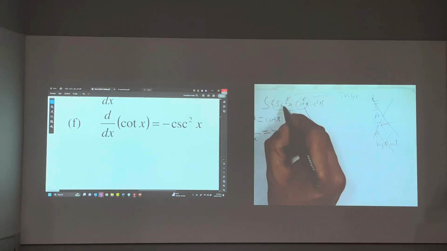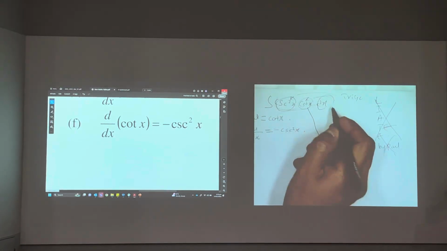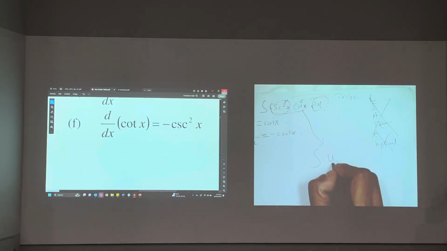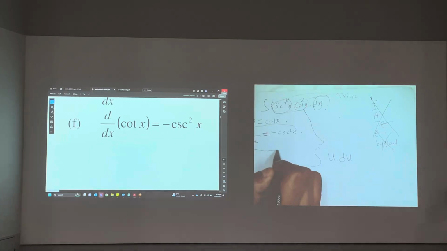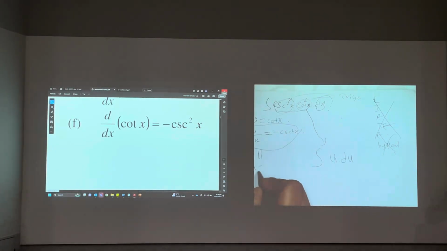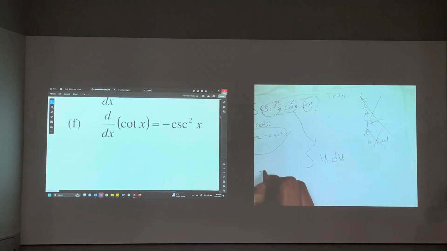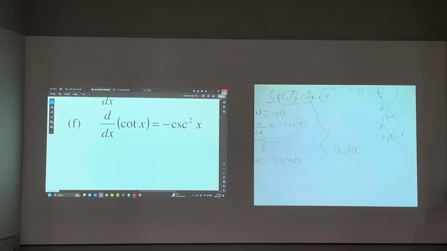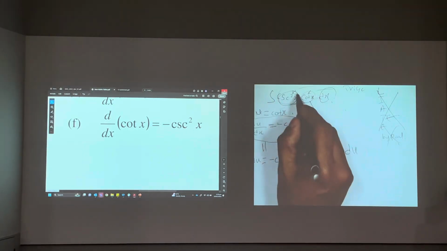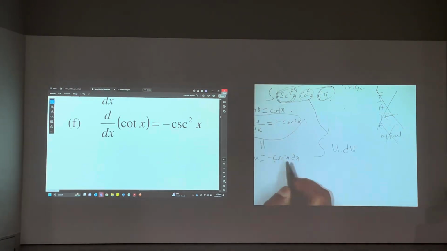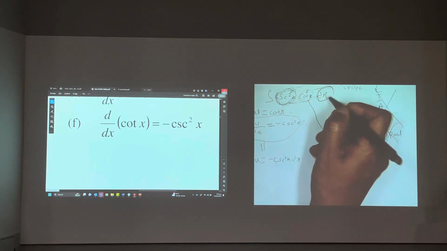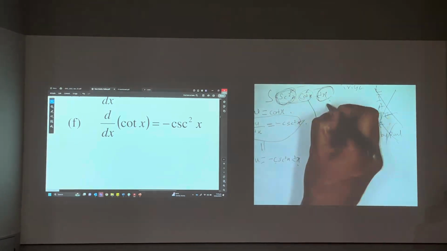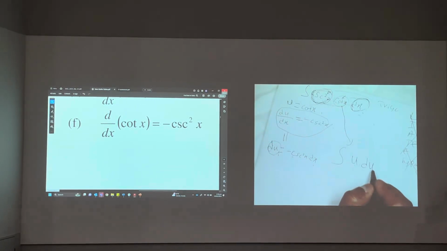What is left is cosecant square x dx. If you integrate u, it must be with respect to du, so we have to rewrite this to get du. du is minus cosecant square x dx. Lucky for us, what is left over is exactly cosecant square x dx, so this can be replaced with du.